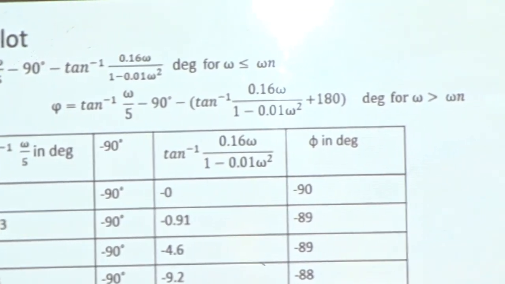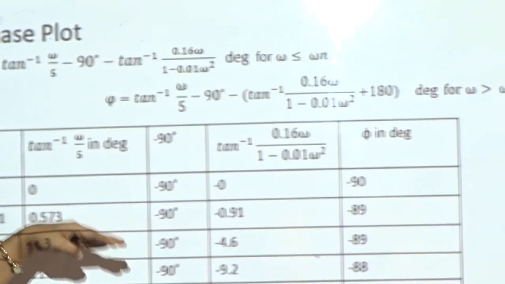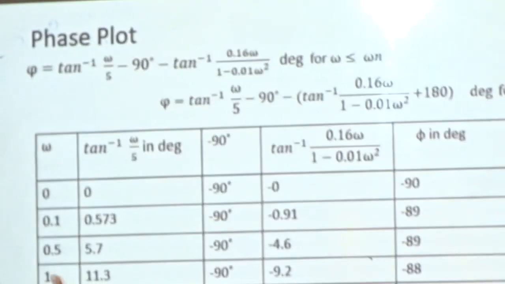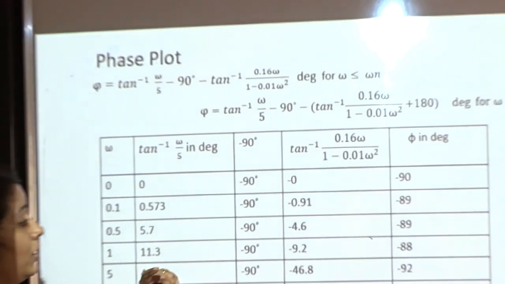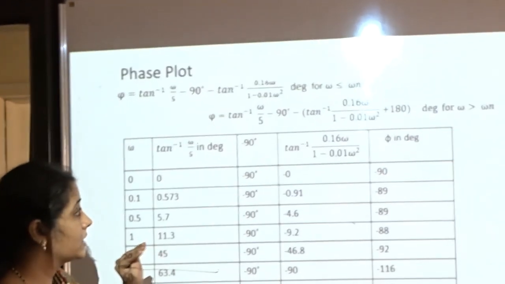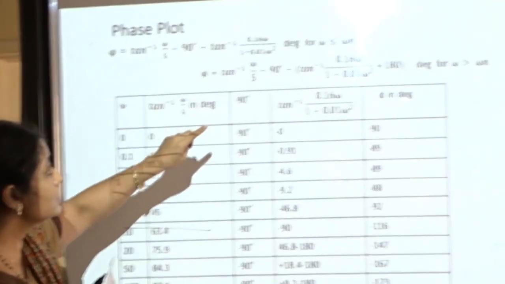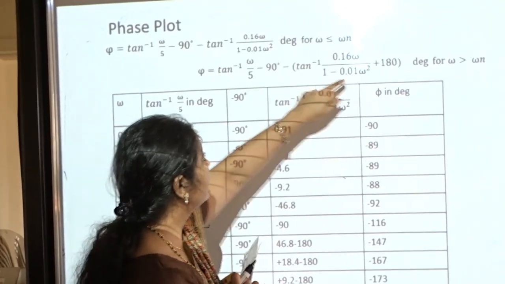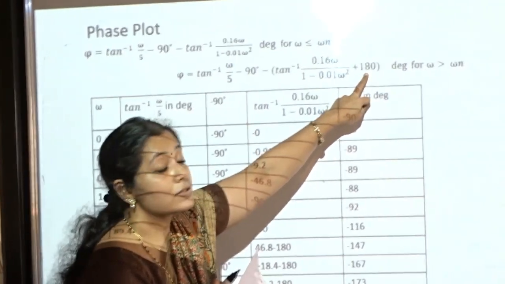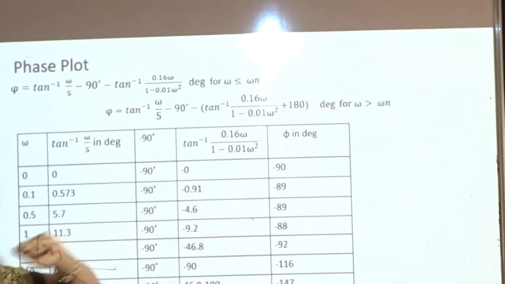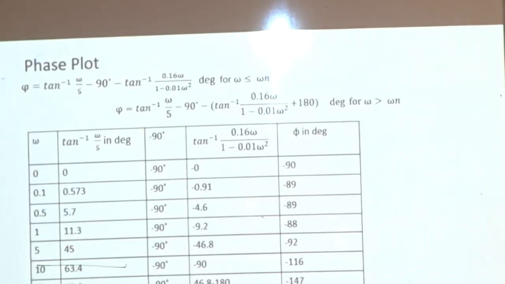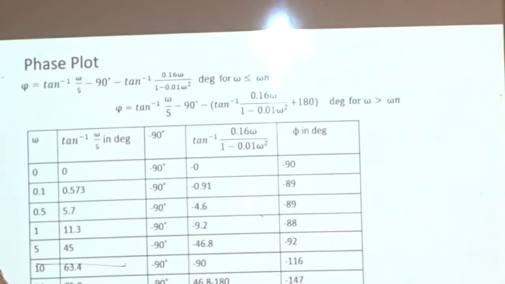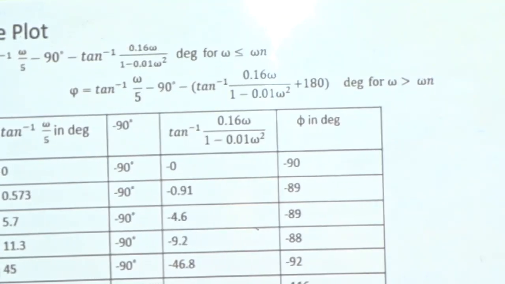Once you reach the corner frequency, the total slope that you get will be minus 40. Straight away you get a minus 40 slope. Therefore, in this case, the angle will be minus 180 degrees. One pole represents 90 degrees; when you have two poles, the s square term represents 180 degrees.